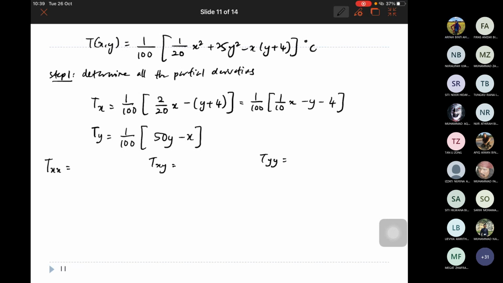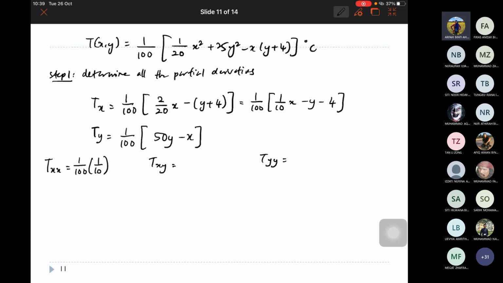Dapat berapa? So partial derivative kita keluarkan dia punya constant sahaja. 1/100 darab 1/10.